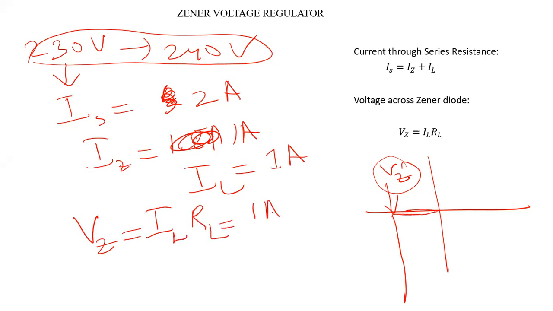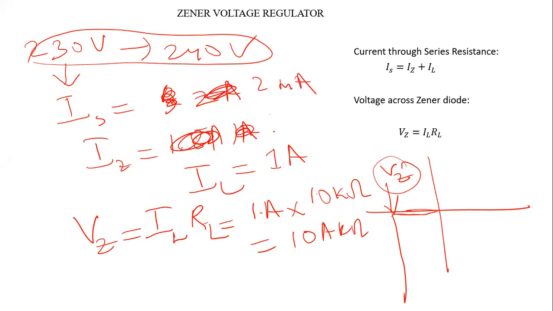This might be too large, so let's say Is is 2 milliampere and IL is 1 milliampere.